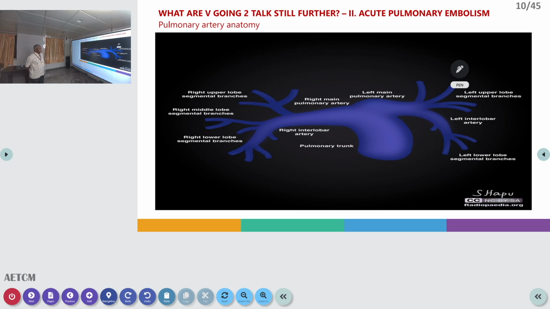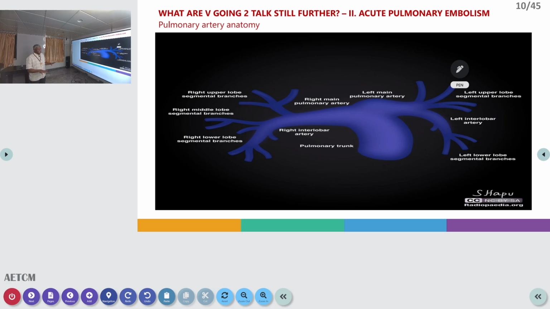And from the venous end, from the source, the thromboembolus travels and reaches the heart, right atrium to the right ventricle, then it starts traveling into the pulmonary artery. This picture depicts the pulmonary trunk and its branches. The main pulmonary trunk divides into right and left pulmonary artery.